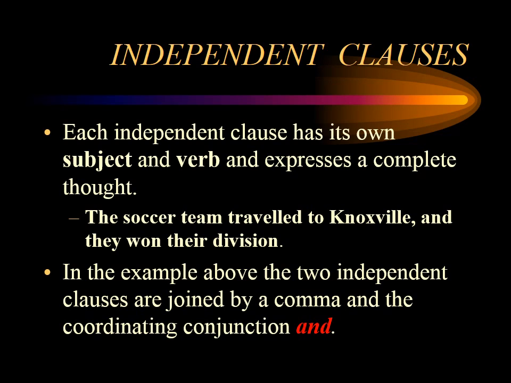Okay, the first one there is the soccer team traveled to Knoxville. We can decide to end our sentence there and start another sentence. They won their division. So we can say there are two independent clauses there joined by a comma and the coordinating conjunction and.